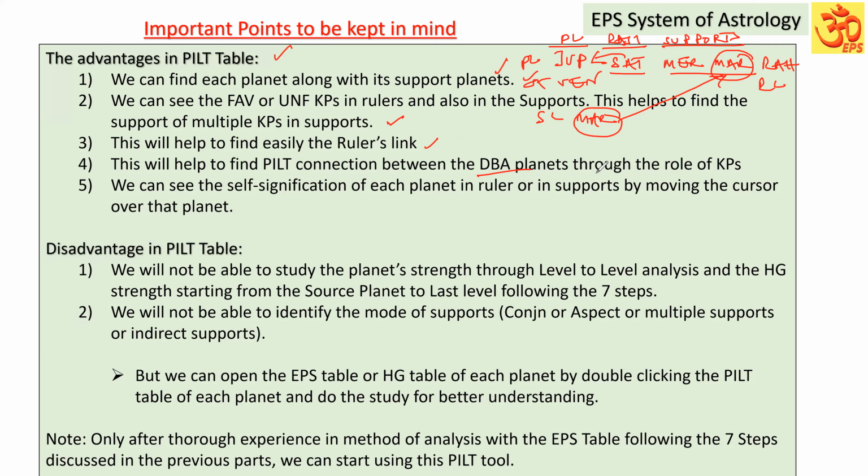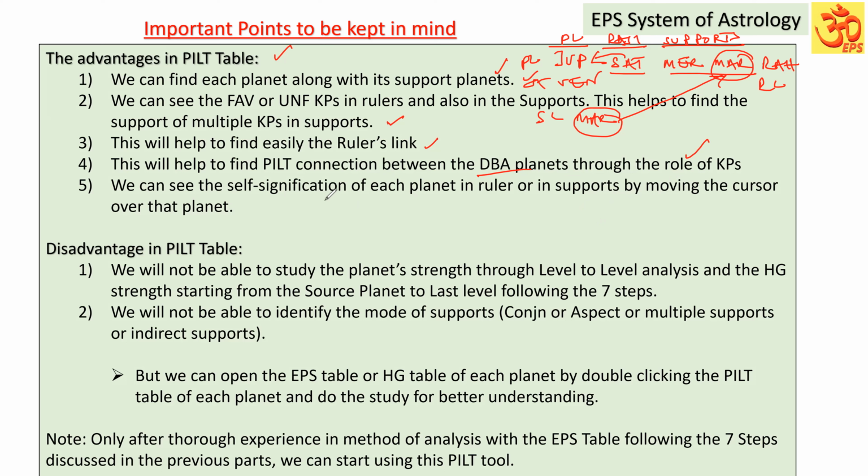Those things we can easily identify because in a single screen, all 9 planets, their rulers and the Rashi Lord support planets, that grid of each planet will be shown. So we can easily compare each planet's rulers and supports and the role of the key planets forming the PILT connection between the Dasa Bhukti Antara periods. I will explain with an example, then you will understand.